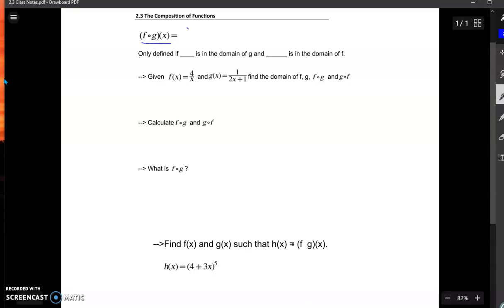And that really is a good description of what is happening here. We are evaluating the function f, where we are evaluating it for whatever the result of g of x is. Okay?